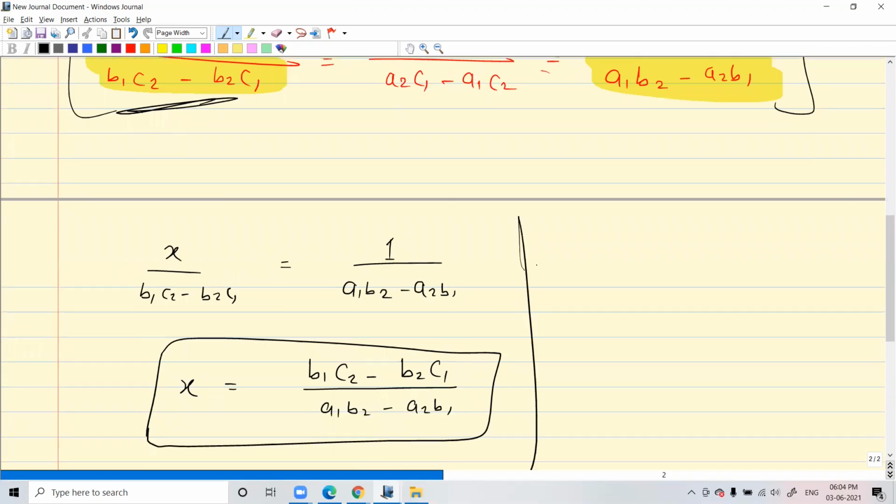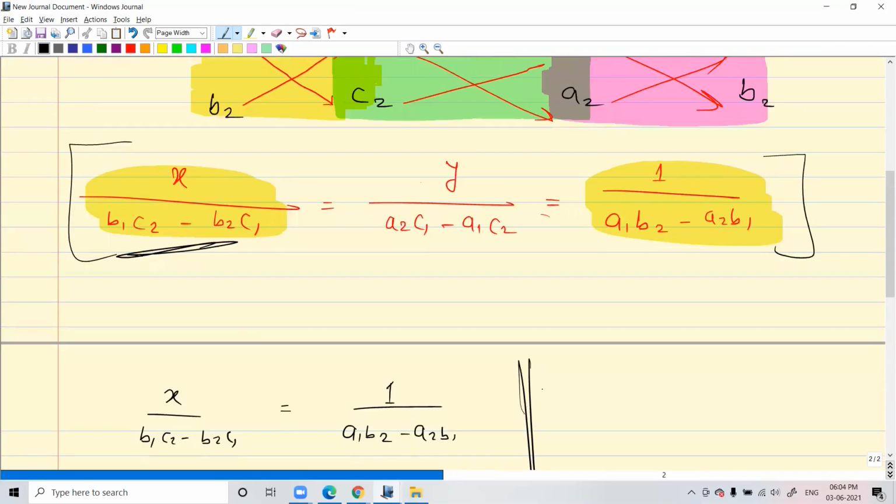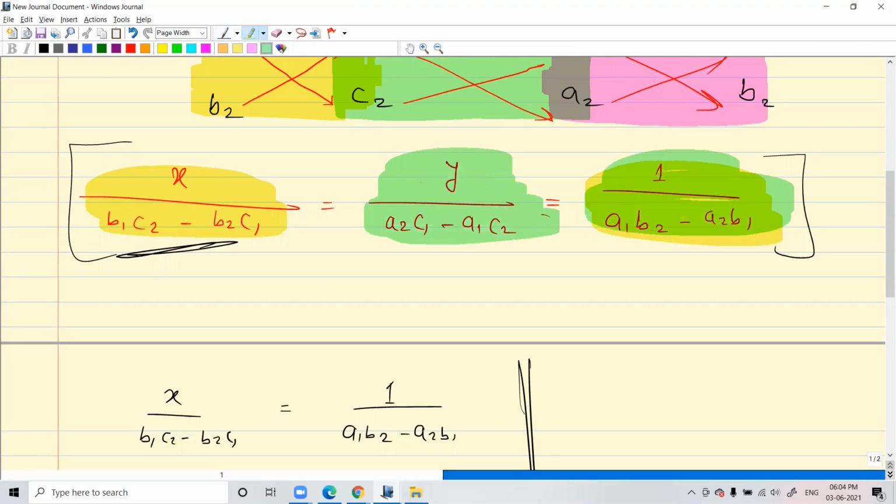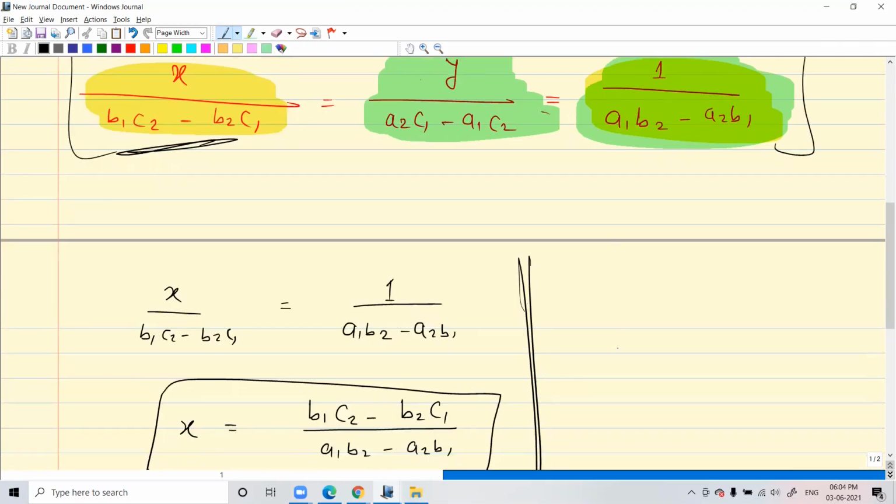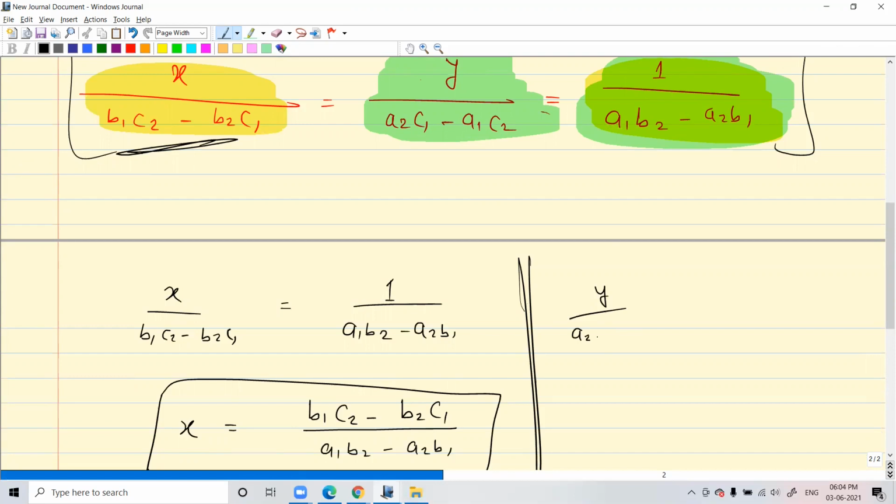In the same way we can find the formula for y. For that, we take the second ratio and again make it equal to the last one. So y by what is it? Tell me. It is equal to 1 by A1 B2 minus A2 B1.